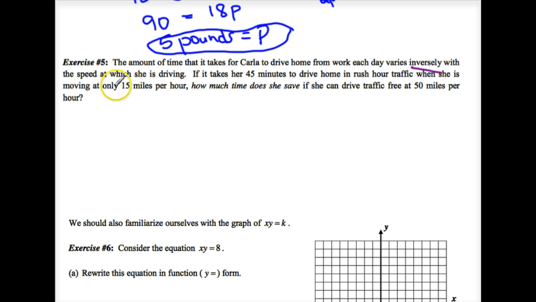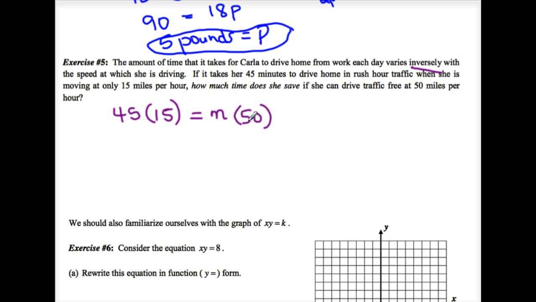So first, we know that it takes her 45 minutes at 15 miles an hour. We want to make this equal to how many minutes, so we could call it M, when she goes 50 miles an hour.